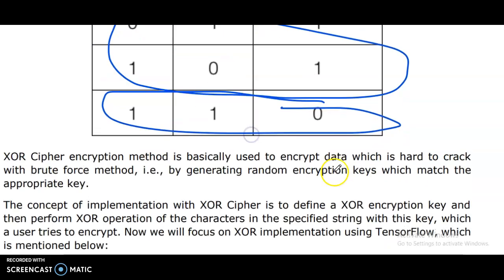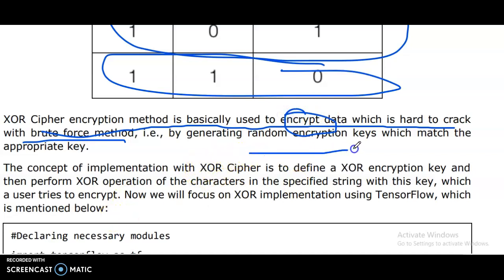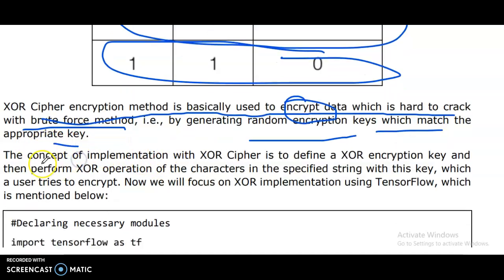The XOR cipher encryption method is basically used to encrypt data which is hard to crack with brute force methods. Encryption is important, by generating random encryption keys which match the appropriate key.